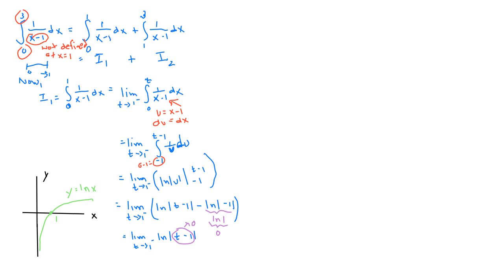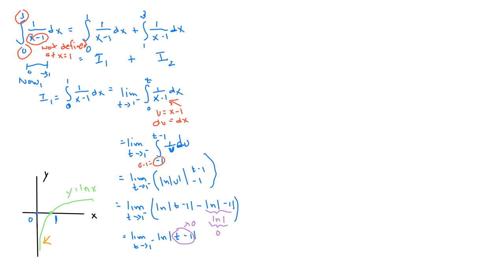So this is 1. Here's 0. What's happening to the log function as x approaches 0? What does the log function go to? Negative infinity? That's right.